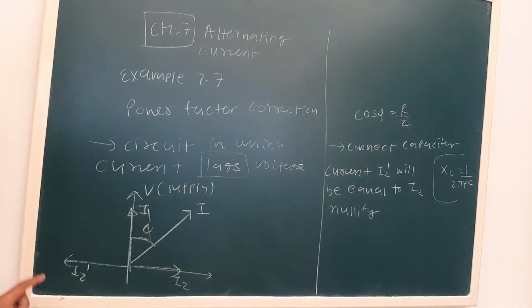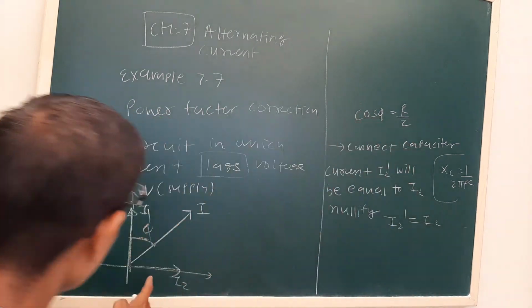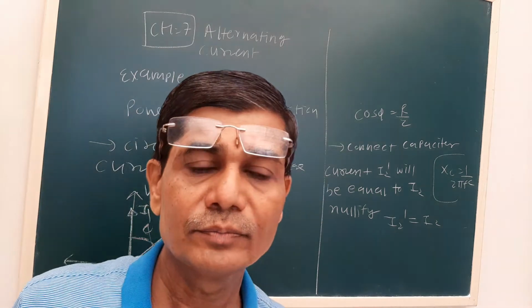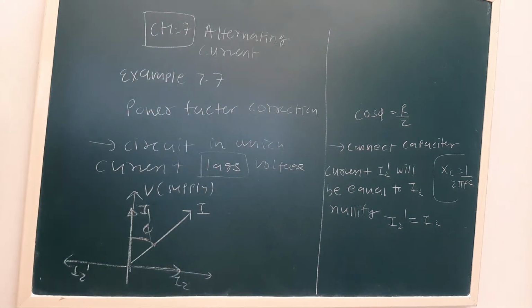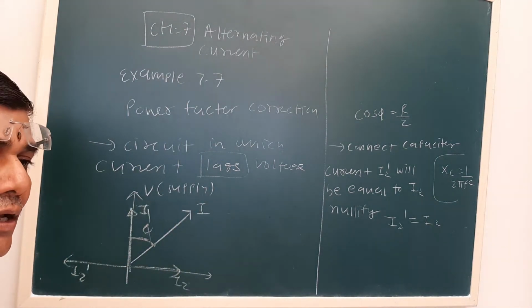Once I2 dash and I2 are equal, we can see they are in opposite directions. So the resultant of these two, I2 and I2 dash, will be 0, and our current will be in the direction of the supply voltage. So this is called power factor correction in terms of electricity.